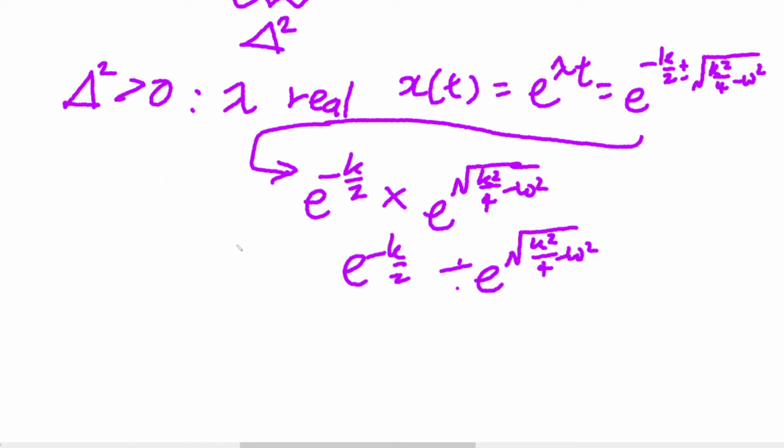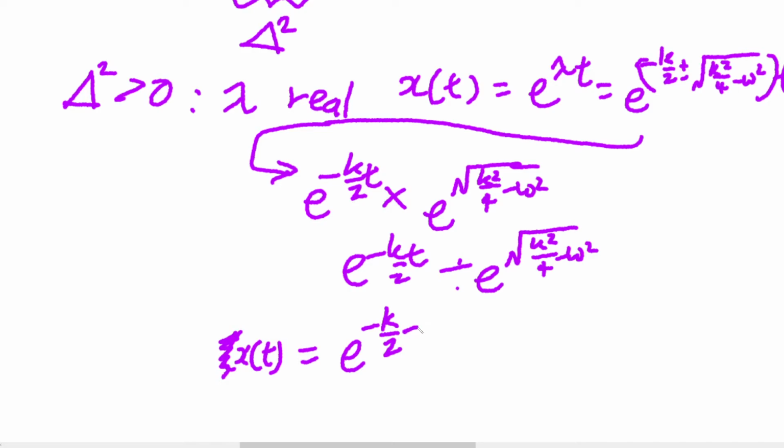If delta squared was greater than 0 and lambda was real, then we'd get our two functions in the form x in terms of t is e to the minus k over 2. Oh, and this whole thing must be multiplied by t, of course. I really forgot that. Minus k over 2 t times or divided by e to the delta.